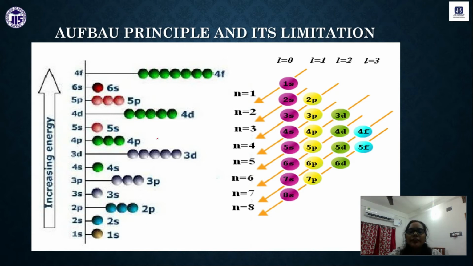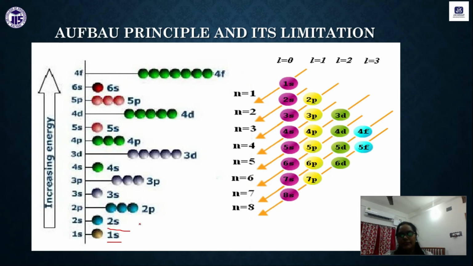Now next, these are some of the energy levels you know already: 1s, 2s, 2p, 3s, 3p, 4s, 3d, then 4p, 5s, 4d, 5p, 6s and 4f. These are some of the energy levels. So, according to this, the lowest energy level, that means 1s, we have to fill first.